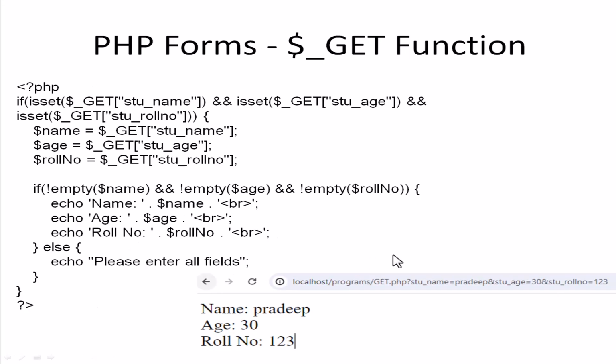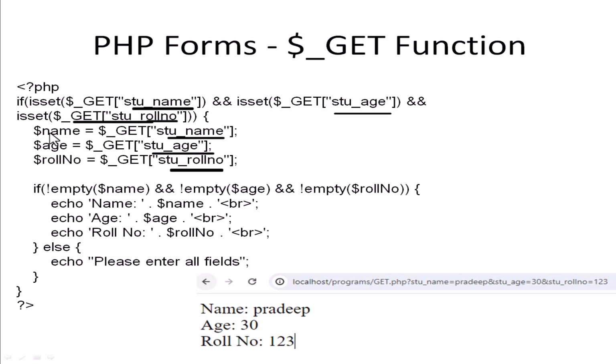Here it is going to take the three parameters: student roll number, student name, and student age. We check if student name is set through the get parameter, and if student age and student roll number are set. If all three are set, we rename the contents, assigning the values to name, age and roll number.